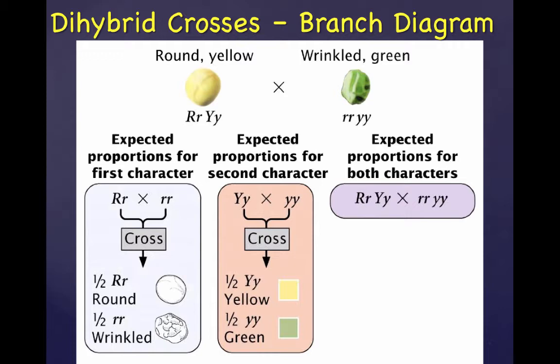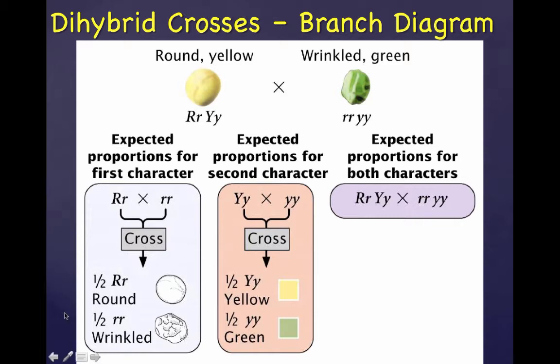All right, so again, just keep in mind if you are working through a separate problem where you have a heterozygous individual, so a parent that is round and yellow, and you're crossing that with a parent that is wrinkled and green or homozygous recessive, you're going to look at those two traits individually.